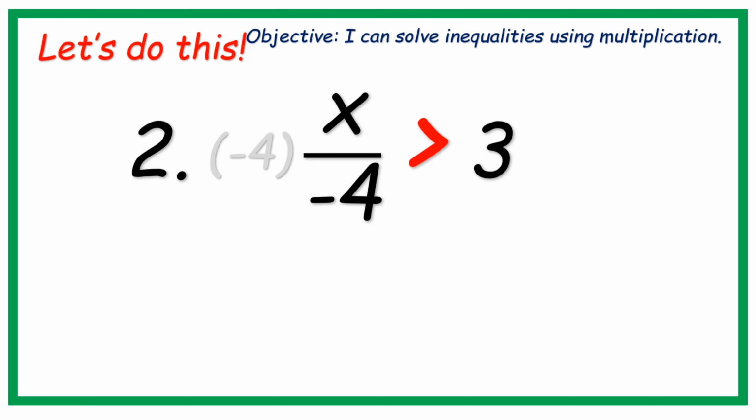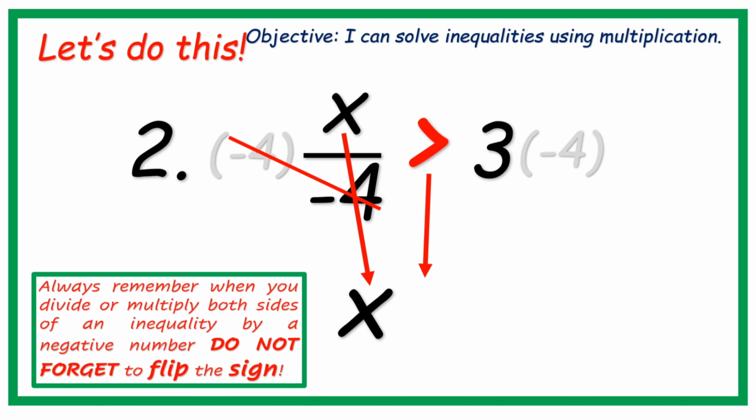Again, when you multiply something on the left side, do that also on the right side. The inequality sign separates the left and the right. So, we need to multiply also by -4. That cancels -4, leaving our variable, the letter x, isolated.